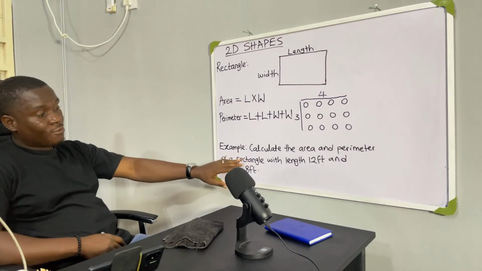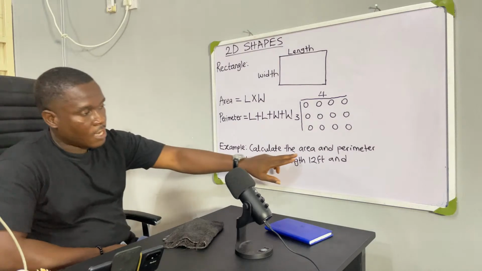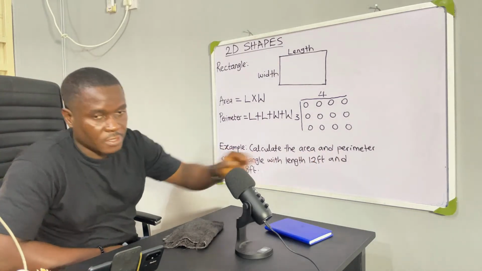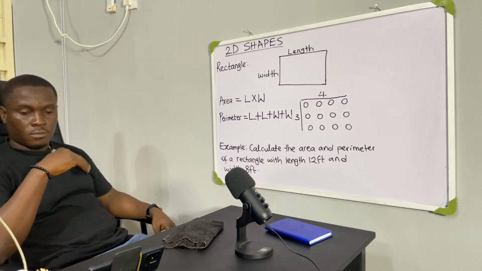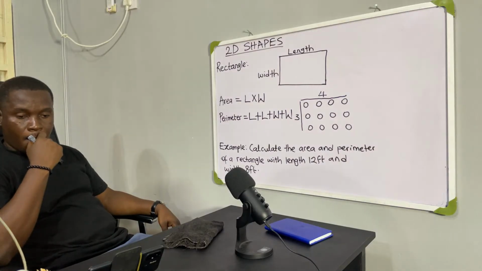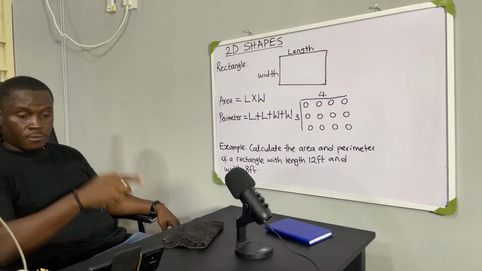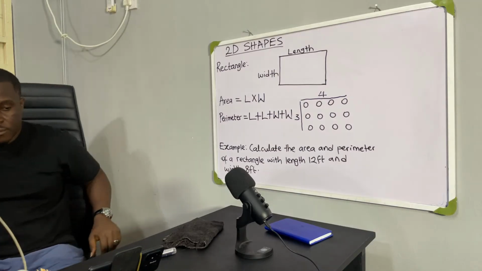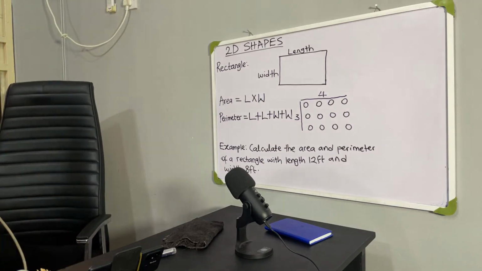So when you write it down, I want you to try it out. Calculate the area, calculate the perimeter. One minute.